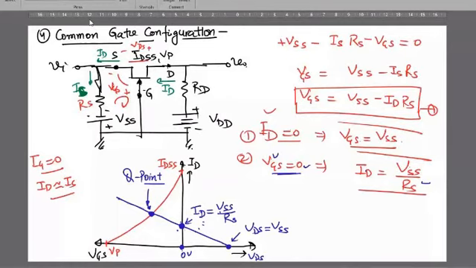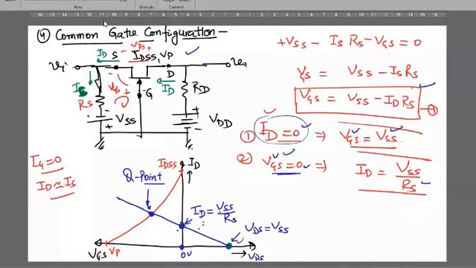Suppose you are studying this common gate configuration. You have written this equation. In this equation, you put the first condition ID equals 0, and you will find VGS equals VSS. So you will find this first point. And if you put the condition VGS equals 0, you will find this point.